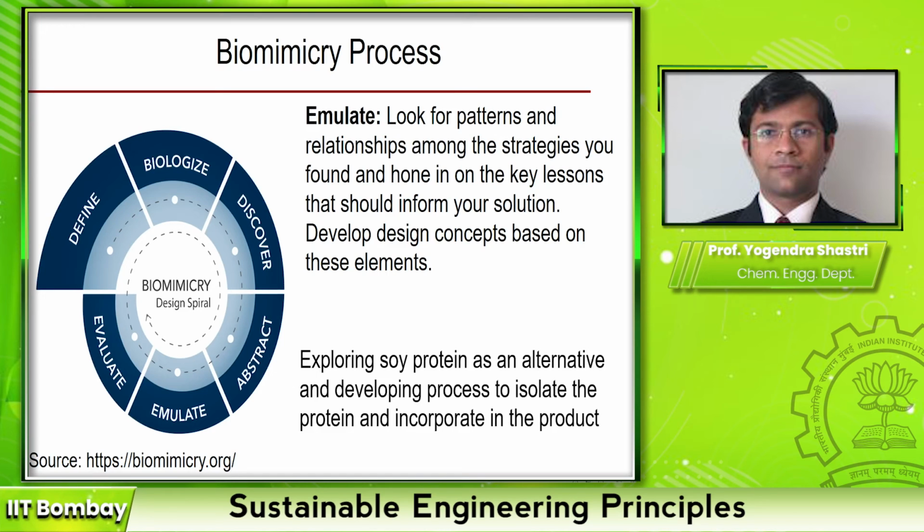But he figured out that soy protein is an alternative to blue mussels, and it can be used to develop a process to manufacture such a glue at large scale. So that is the process of emulation, or mimicking the natural phenomenon or process into something that you can scale up.